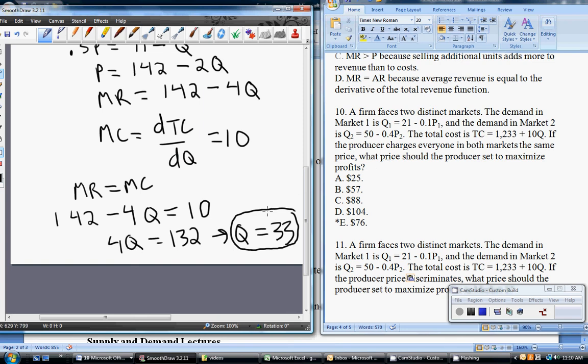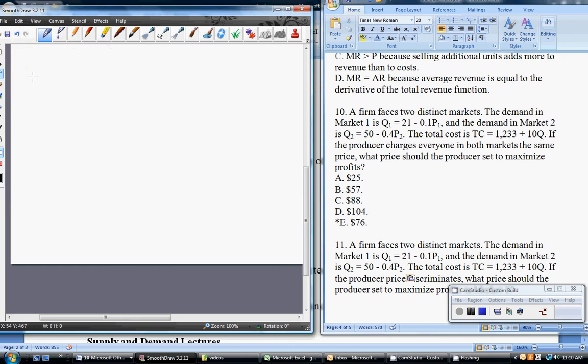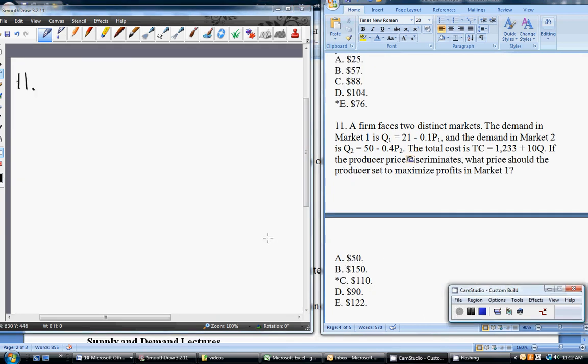So we're going to take this 33 and plug it back into the firm's inverse demand equation, and we get a profit maximizing price of $76. Alright, that's problem 10.